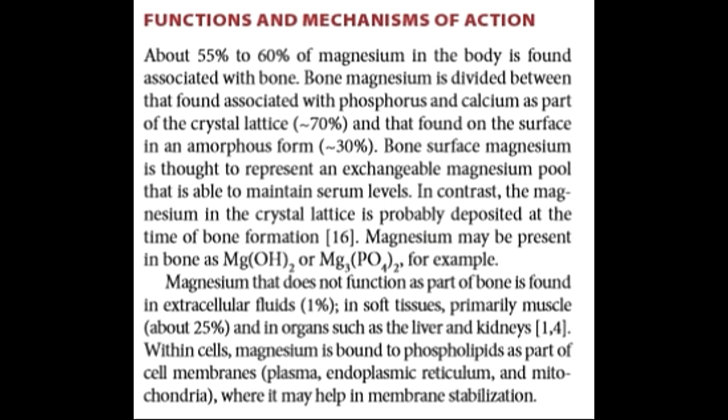Magnesium that does not function as part of bone is found in extracellular fluid, that is 1%. That 1% is present in ECF. Magnesium is also present in phospholipids as part of the cell membranes, like the plasma membrane, the membrane of the endoplasmic reticulum and the membrane of the mitochondria.